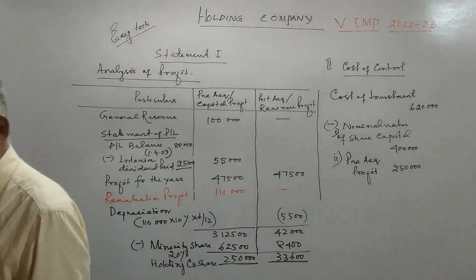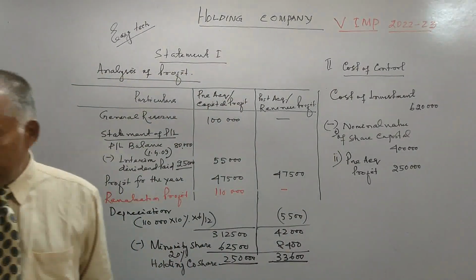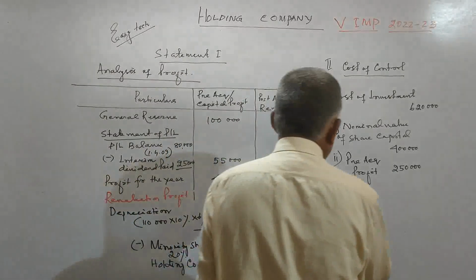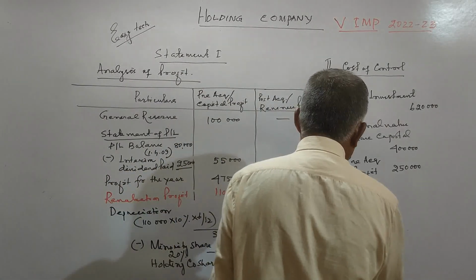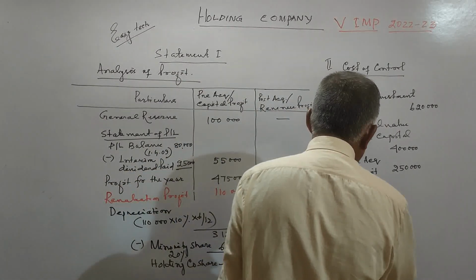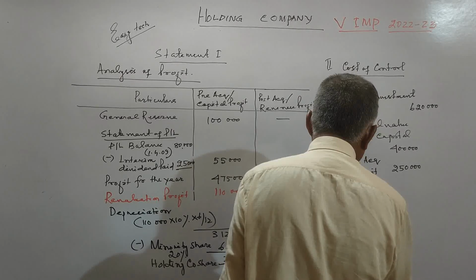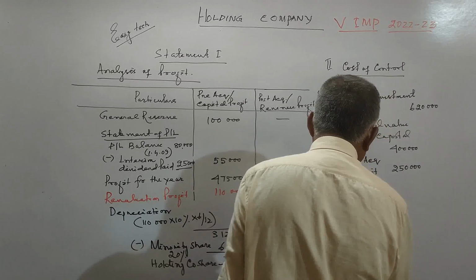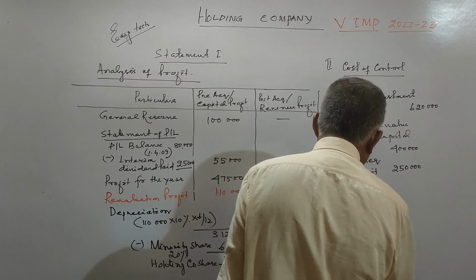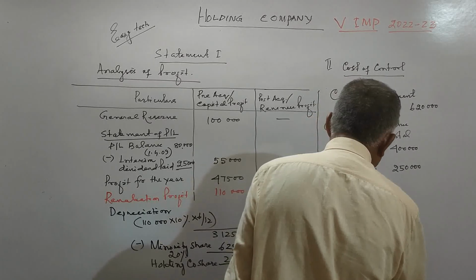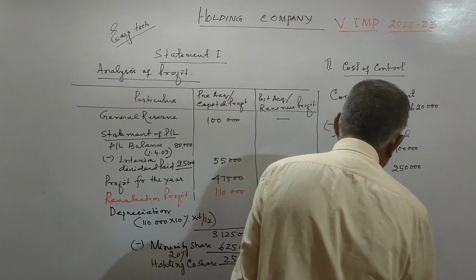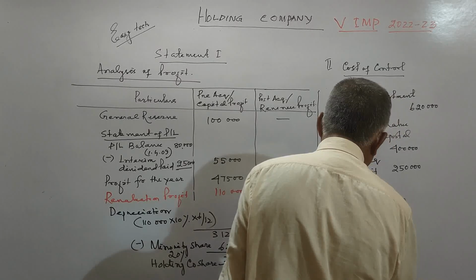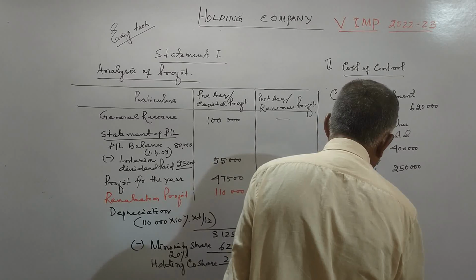Another one is your pre-acquisition dividend wrongly credited to holding company P&L.